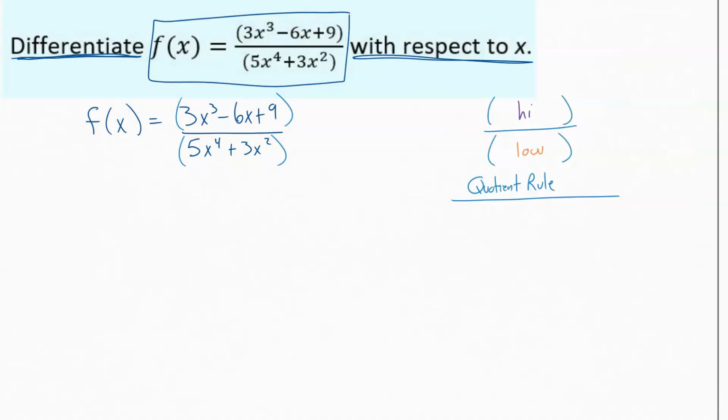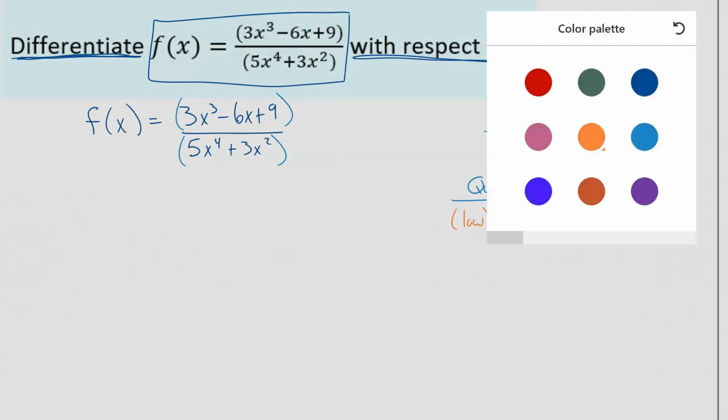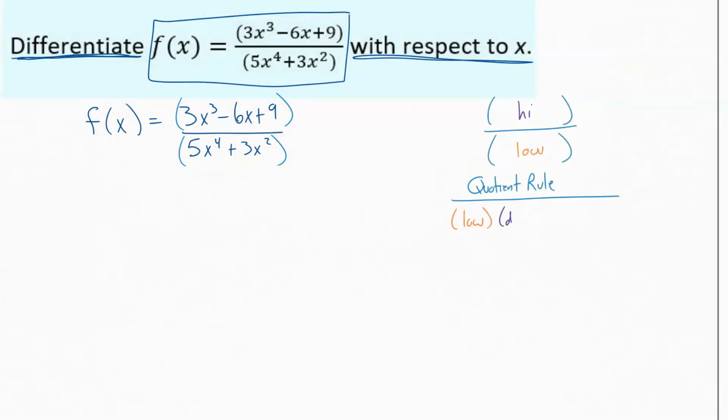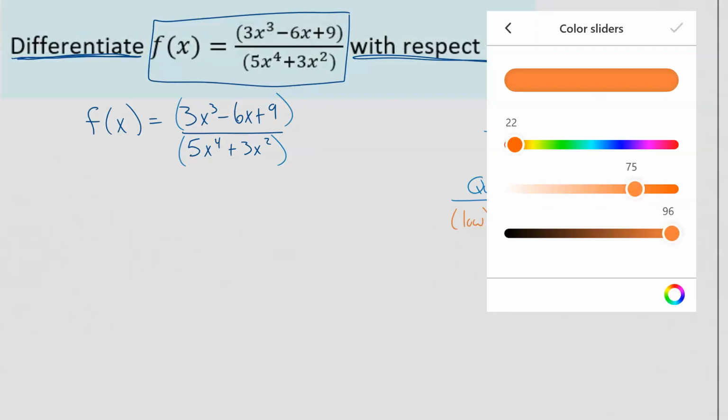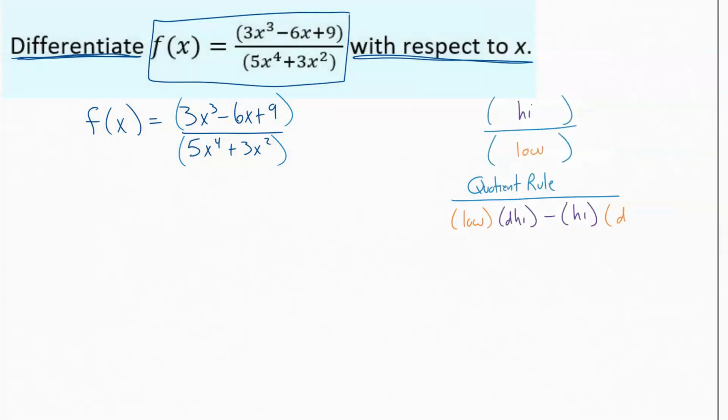And then my recipe for the quotient rule goes low, and then d high, minus high, and then d low. And all of that is over the low squared.